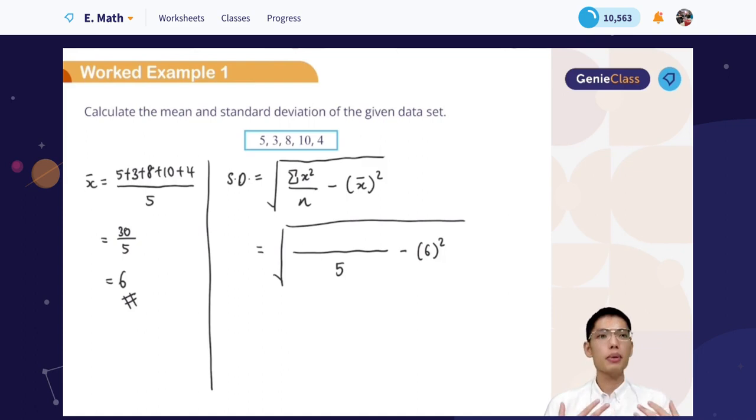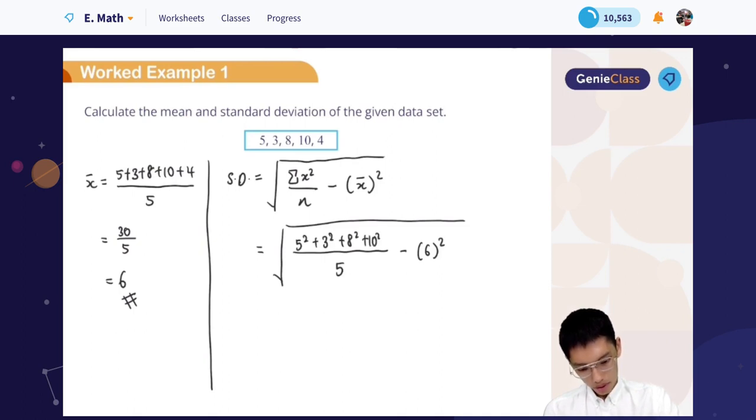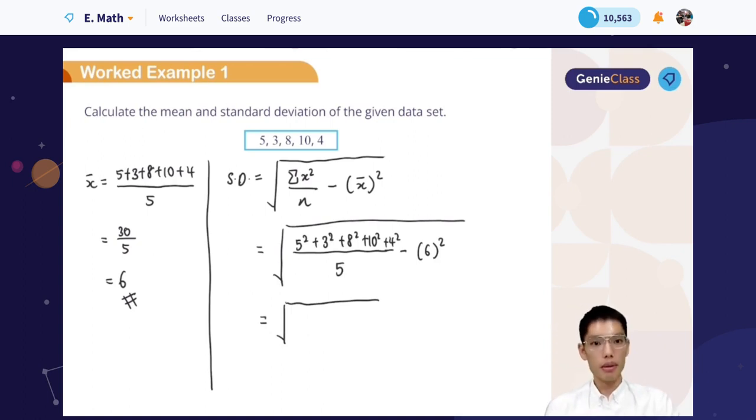So you realize what happens over here. Sum of x squared: we are literally taking the squares of each of the values and summing them. Taking all this, afterwards we evaluate the top and bottom, even though the bottom is given already.